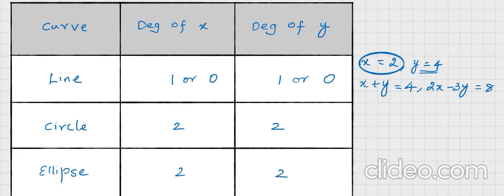Those equations represent a line. For example, 2x minus 3y equal to 0 also represents a line. On seeing an equation, you must be able to know what that curve represents. It is the very basic thing in tracing a curve.